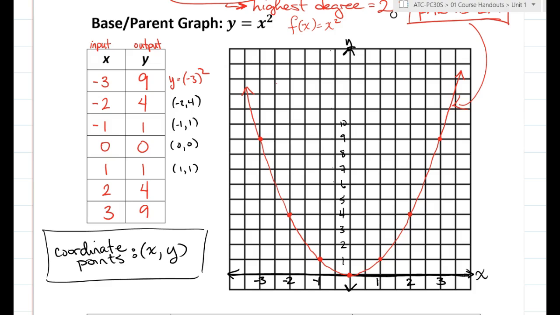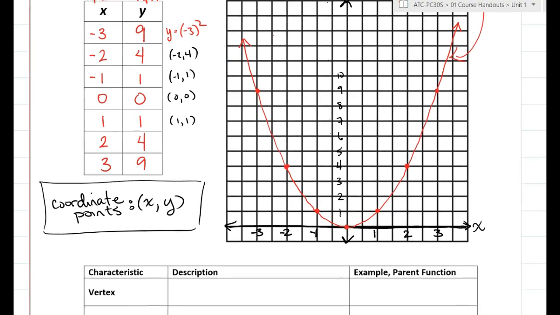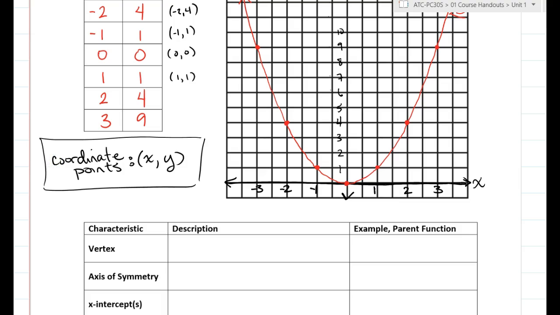Let's talk a little bit about it. What kind of information do we actually get out of all this? The first thing that always needs to be mentioned when we talk about a parabola and a quadratic function is its vertex. A vertex is its minimum or maximum point.